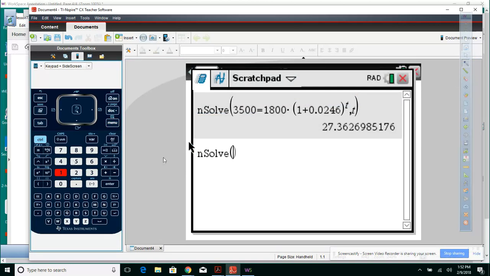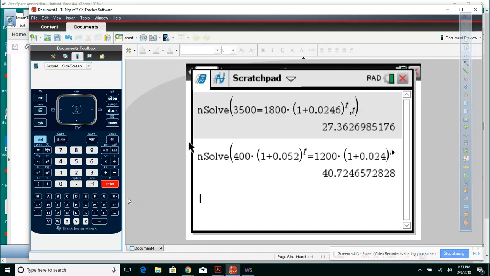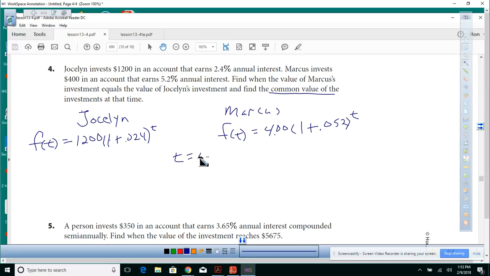We set them equal to each other, so we've got 400 times, open parentheses, 1 plus 0.052, close parentheses, caret T, equals 1,200 times, open parentheses, 1 plus 0.024, caret T, comma T, enter, and we get 40.7. So T equals 40.7.